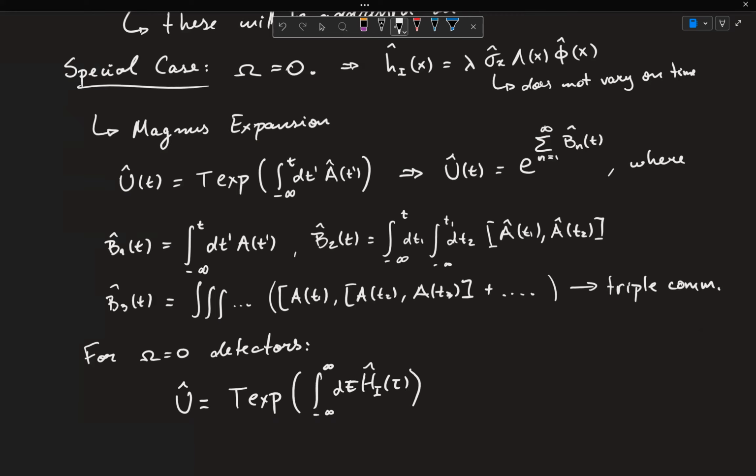So the Magnus expansion tells us that this U will be the exponential of a sum from n equals 1 to infinity of operators theta_n.